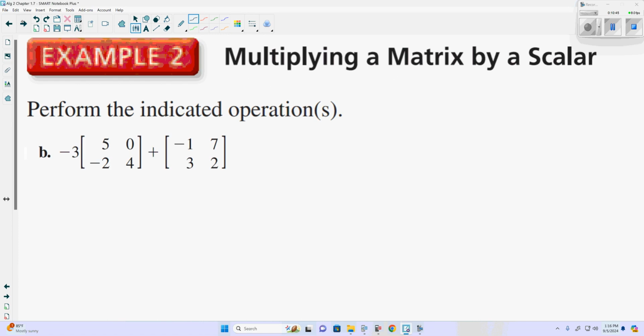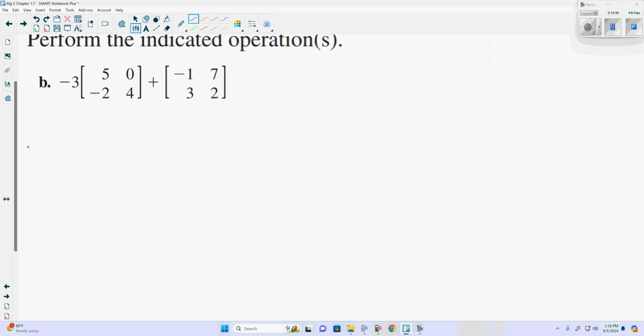We can do scalar multiplication and addition and subtraction together. So if we do this here, we apply the scalar multiplication first, then add or subtract next. So here, the scalar multiplication of the -3.